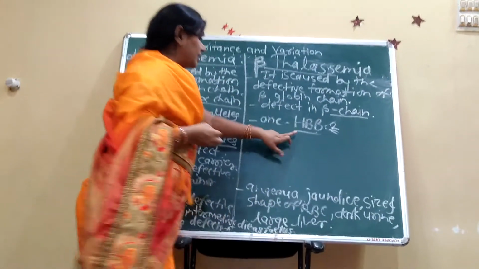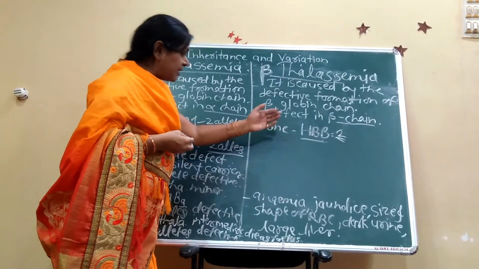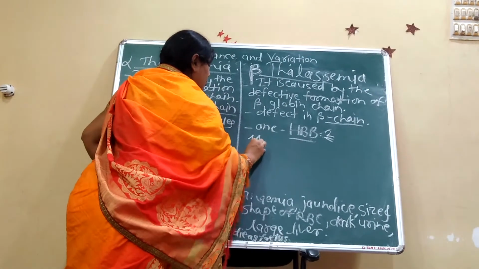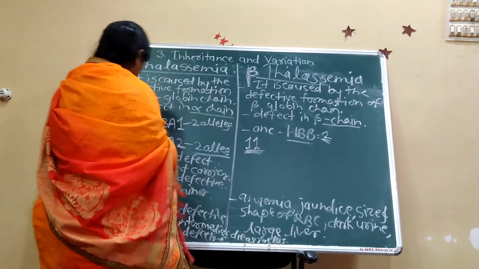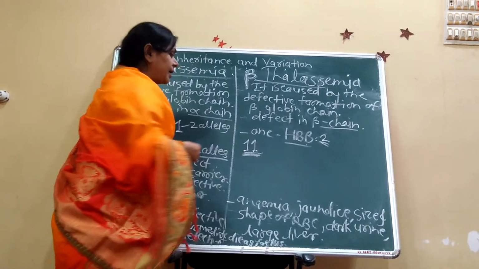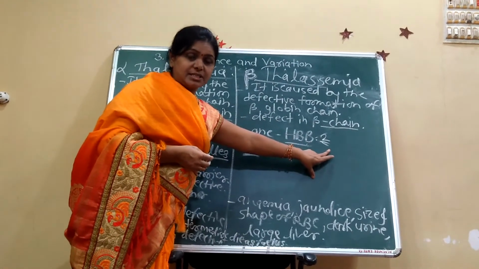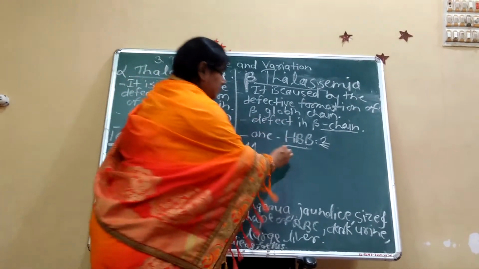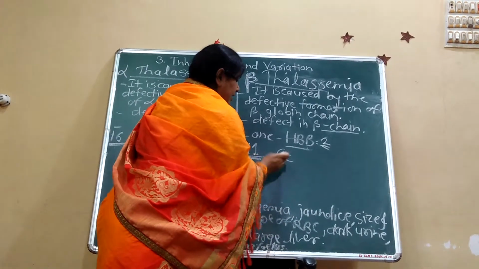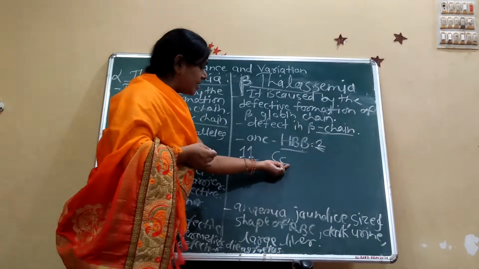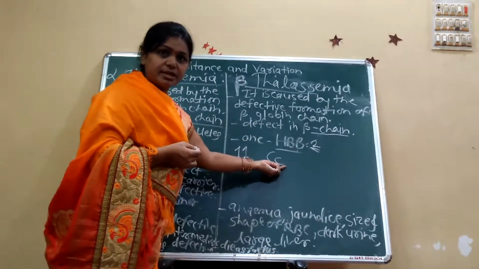This gene is present on chromosome number 11. Two alleles of HBB are present. The capital one is the normal condition, and the small one is the recessive condition.